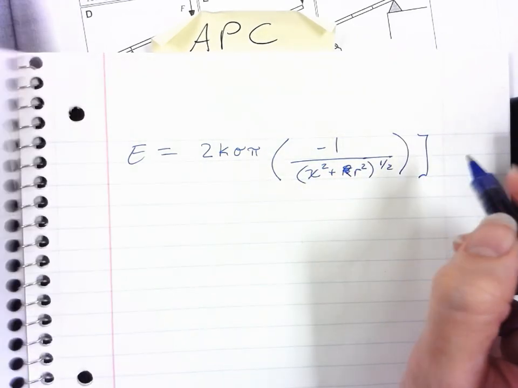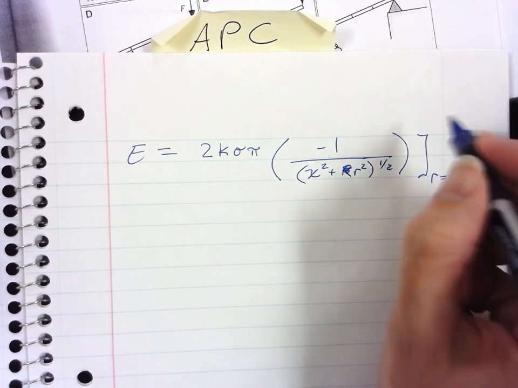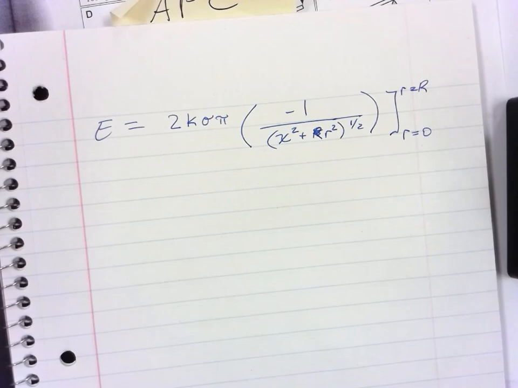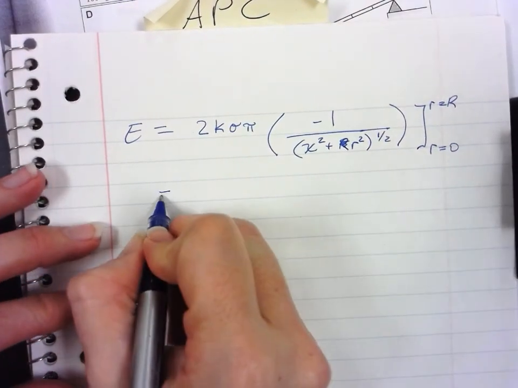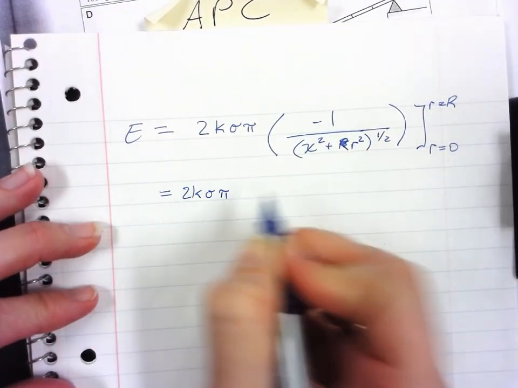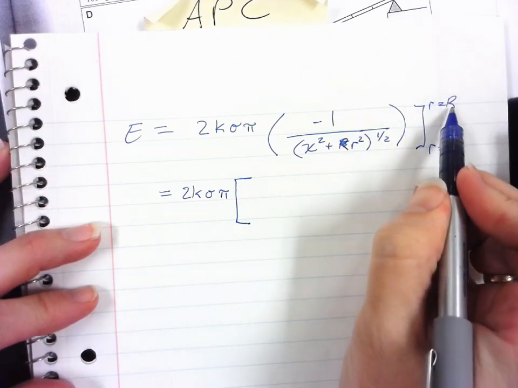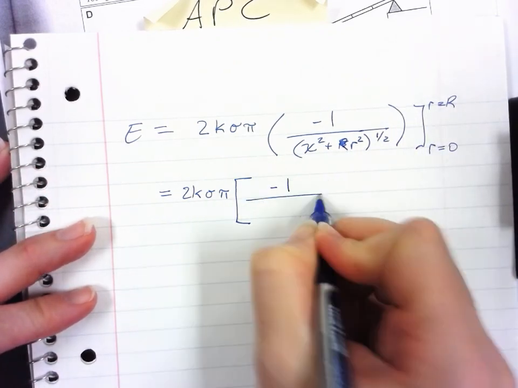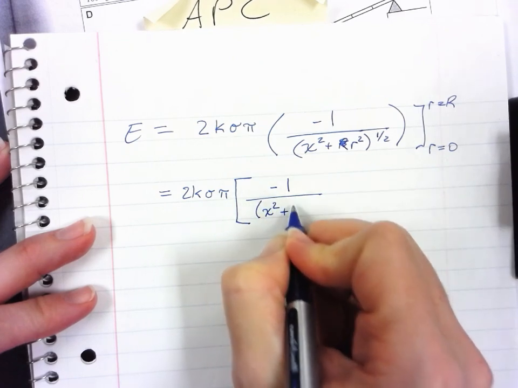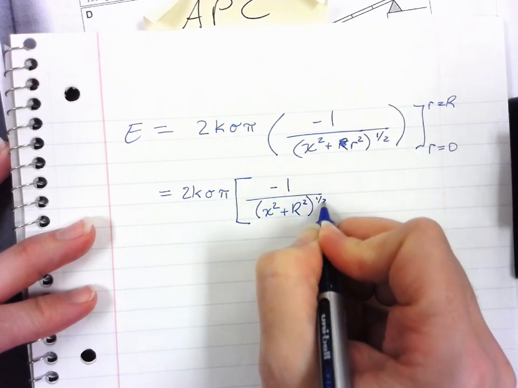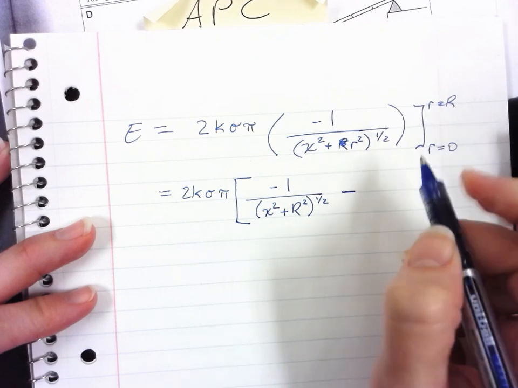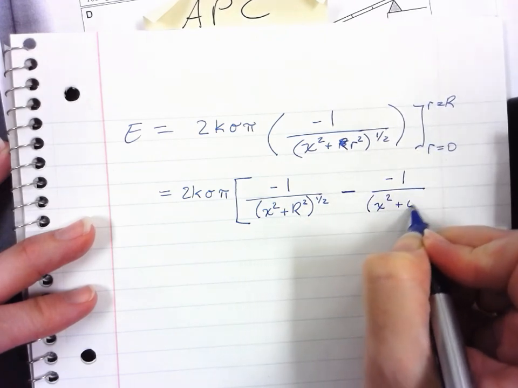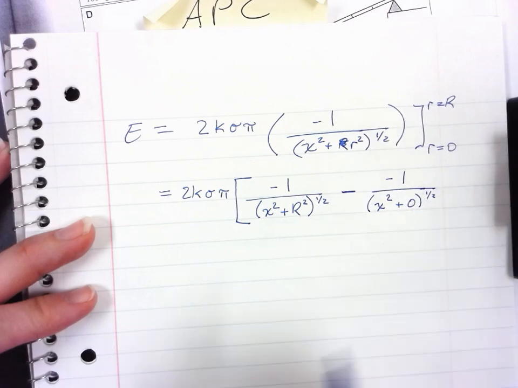And we need to evaluate that between little r equals 0 and little r equals big R. 2k sigma pi. So remember, we substitute in the top limit of integration. So -1 over x squared plus capital R squared to the 1/2 power minus -1 divided by x squared plus 0 to the 1/2 power.